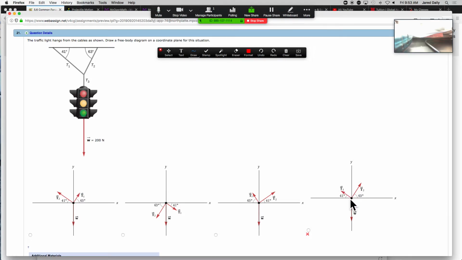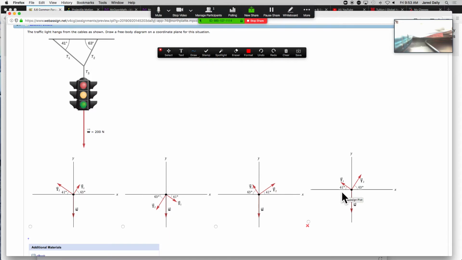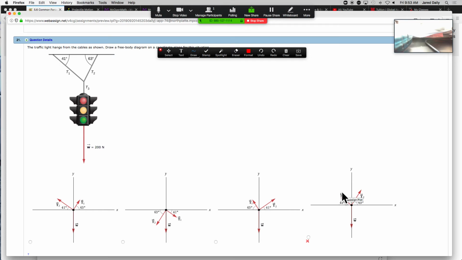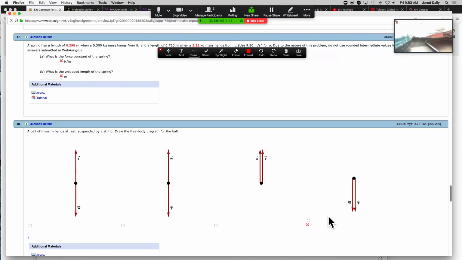So you're saying that T2 is going to have a higher tension than T1? Because T2 is on the right and T1 is on the left, you're saying, right? Okay. Yeah, because in the diagram there, T1 is on the left and T2 is on the right, and 41 degrees is on the left and 63 degrees is on the right. Yep. That's correct. Good.